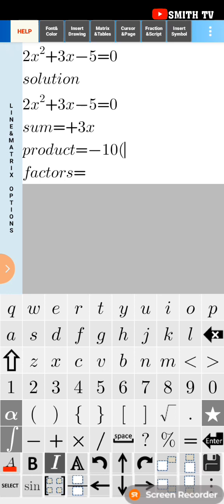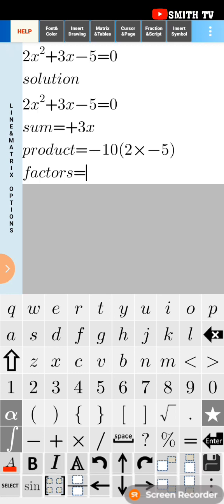How is that minus 10? It is gotten from the coefficient of x squared, that is 2, multiplied by the constant minus 5. That is 2 times minus 5, which is minus 10.